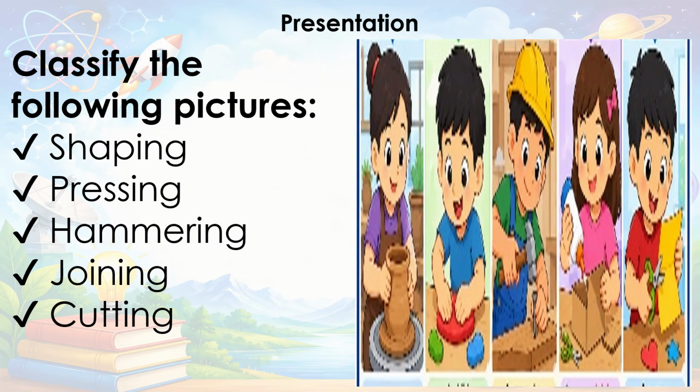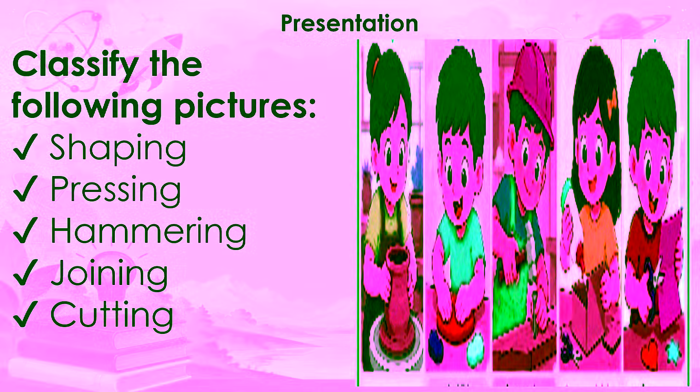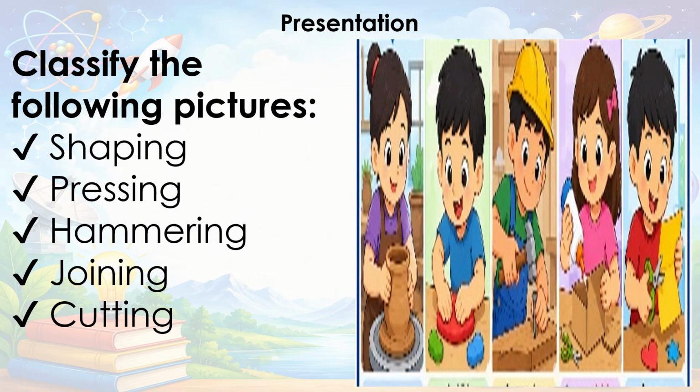Third picture, someone uses a hammer to drive a nail into wood. Which category is this? Excellent, it is hammering. Next, the fourth picture, someone connects cardboard with glue. Which category is this? Very good, it is joining.